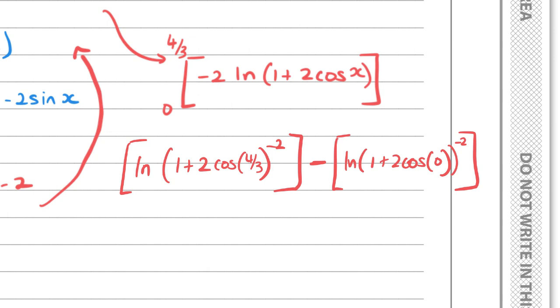Okay, so inside the bracket, I'm just going to focus on what's inside the bracket. So I'm going to do bracket 1 plus 2 cos of 4 over 3, and then all of that, I'll put another bracket here so you can see, to the power of -2. Okay, doesn't give me anything very nice.